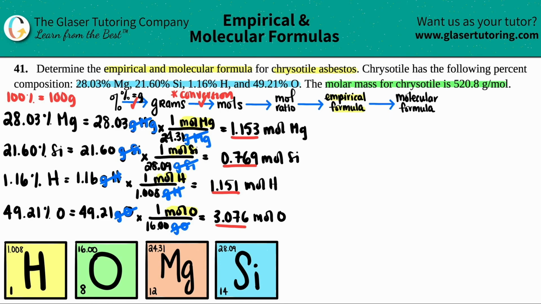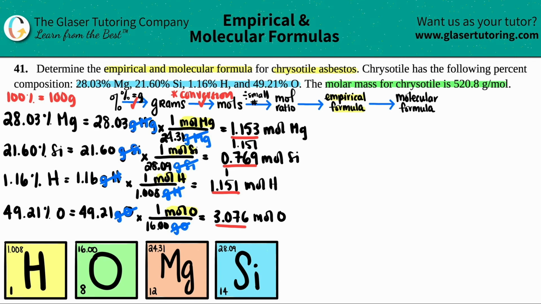You're going to be dividing by the smallest number you got out of all these moles. So I'm looking at all 4 of these to find out what the smallest number is. This one is the smallest only by like 2 thousandths. So I'm going to divide each one by 1.151. You're just going to divide by the smallest number.